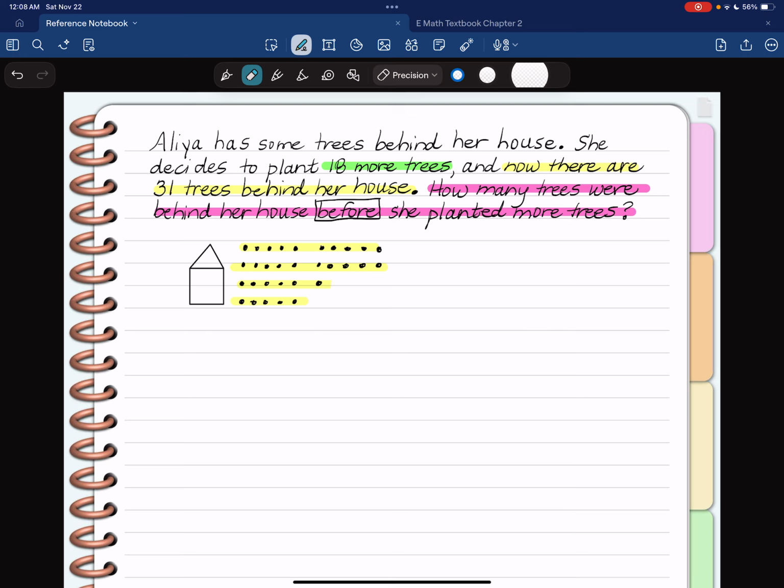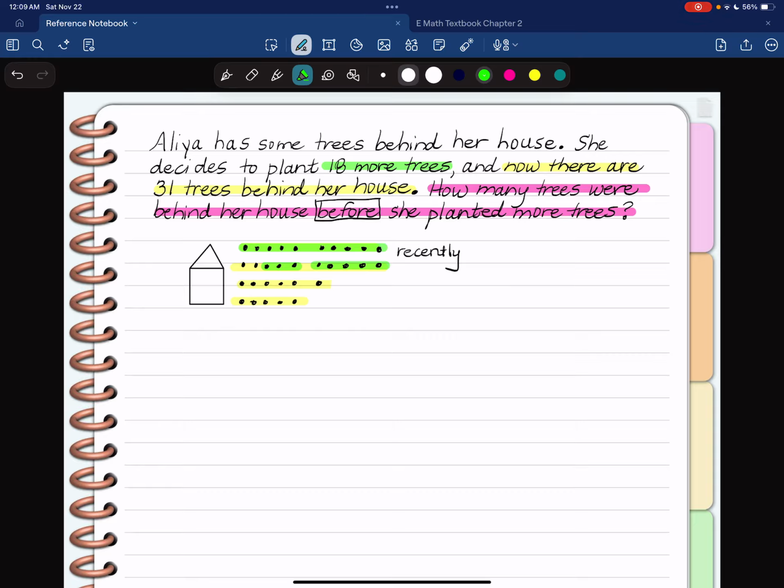Okay, just recently she planted 18 of these things, so I'm going to mark those off. Here's 10. There's 15, 16, 17, 18. So those are the ones that she planted recently. So how many trees were there before she planted those in green? Well, you've got it.